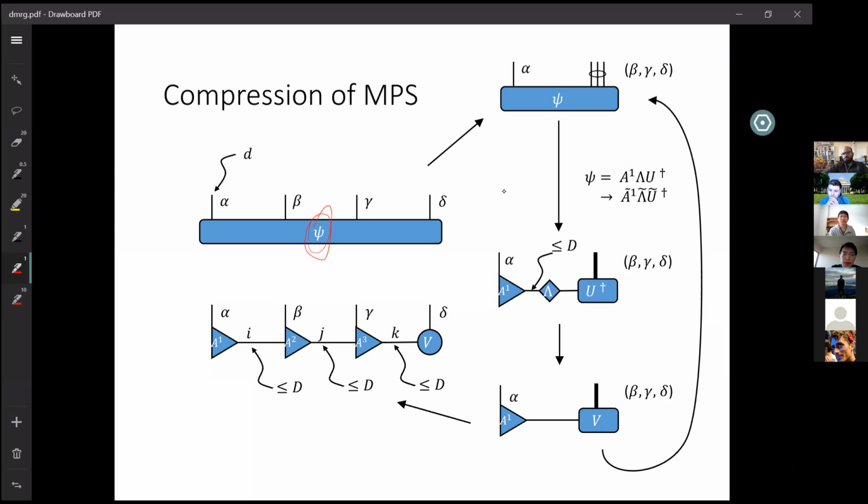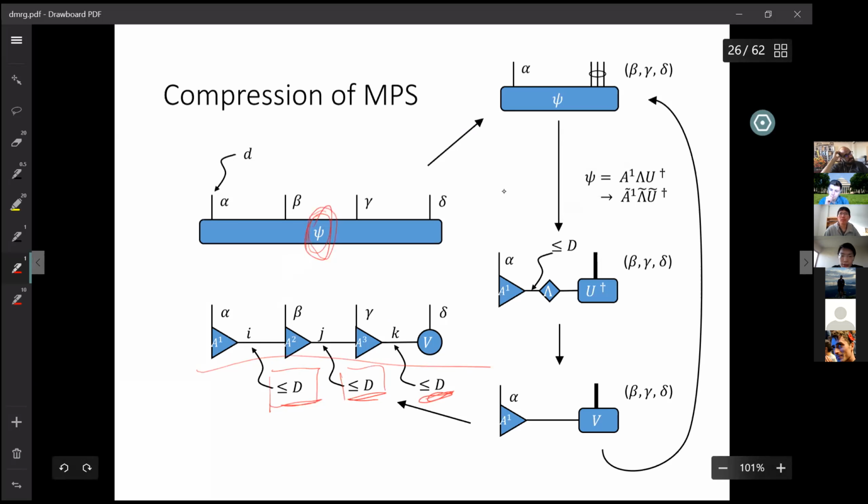And now we also explained how to compress the matrix product state to restrict the bond dimension to below capital D. So we now combine the two processes, and we can start from any random state and arrive at a matrix product state like this, which is what our computer can deal with, because the bond dimension is finite, and the memory cost of this matrix product state will grow linearly with the system size.